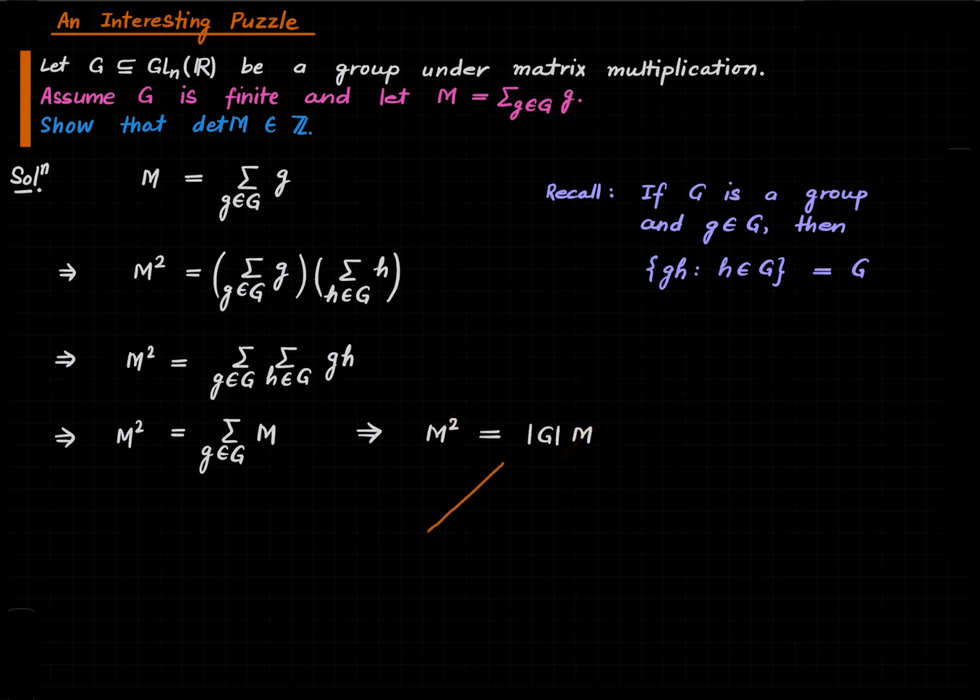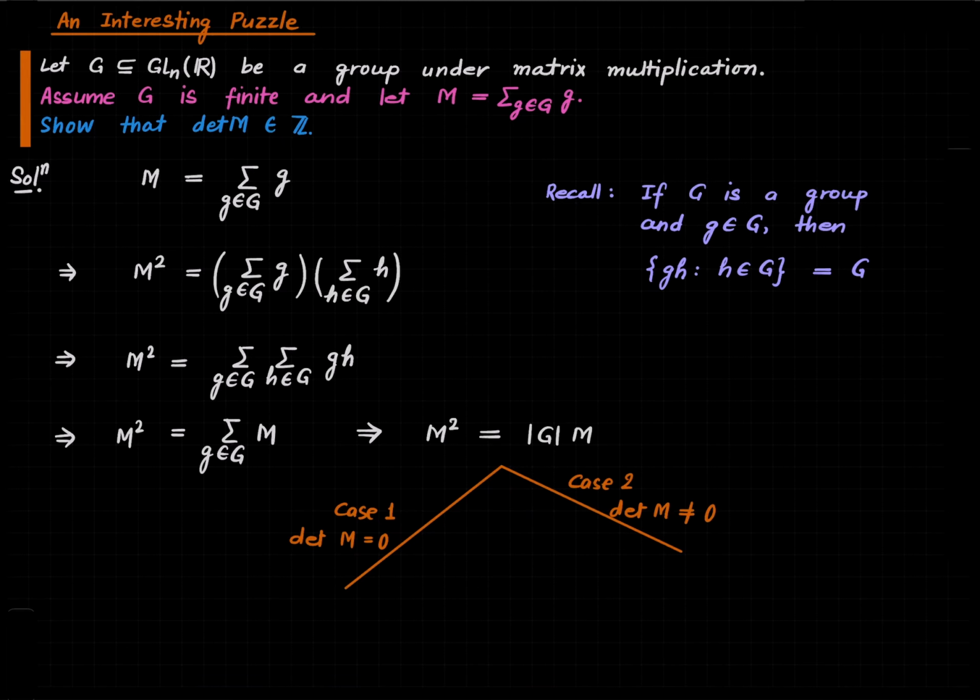Instead of invertible and not invertible, I would like to make two cases: one where the determinant of M is 0, and the other where the determinant is non-zero.